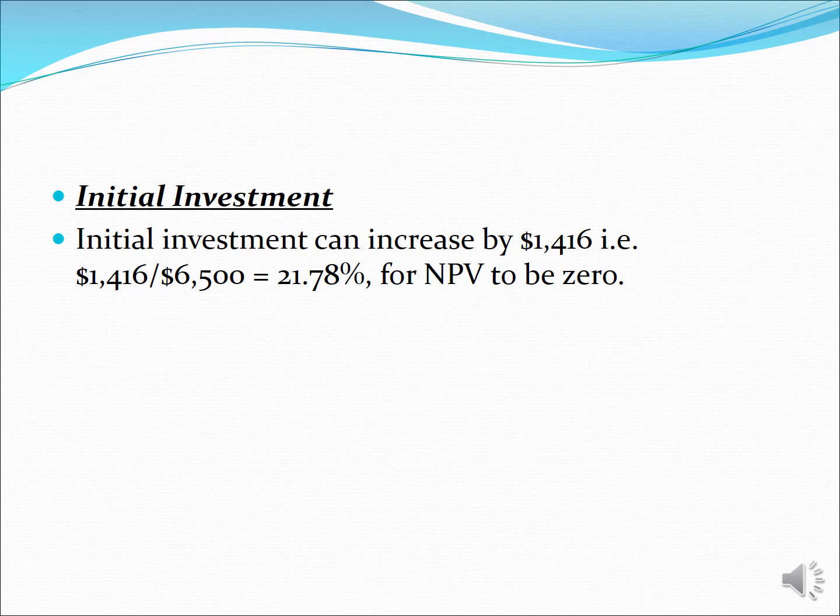That is divided by $6,500 to give us the figure 21.78%, and that is the possible increase in investment and the margin of safety for NPV to be zero. So 21.78% is the possible margin of safety for investment to increase.